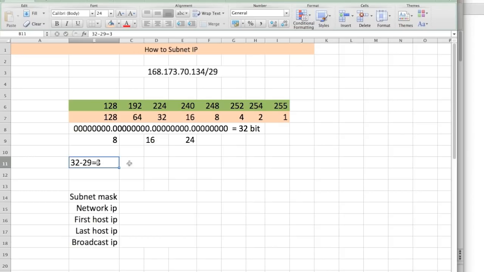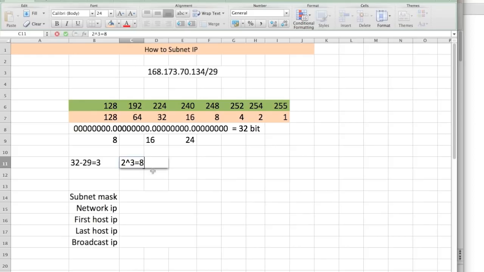So the next thing you do is you look at the second row here, that I created. So you take 2 and you raise it to the power of 3. Okay, and that equals, well, let's look at it. 1, 2, 3. That's 8. Okay, you write down 8.